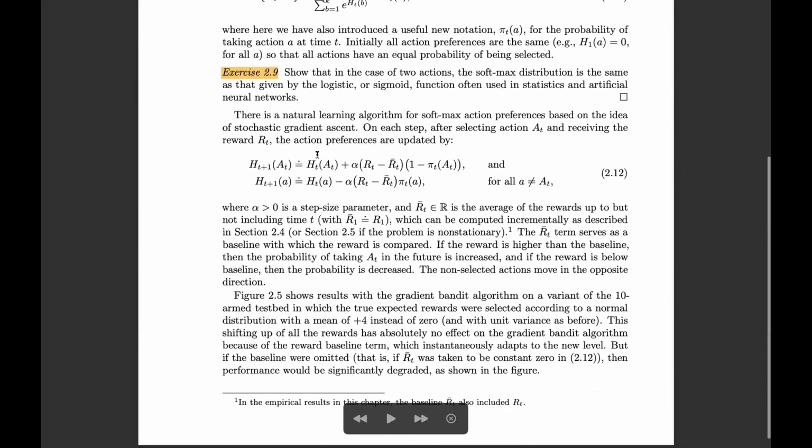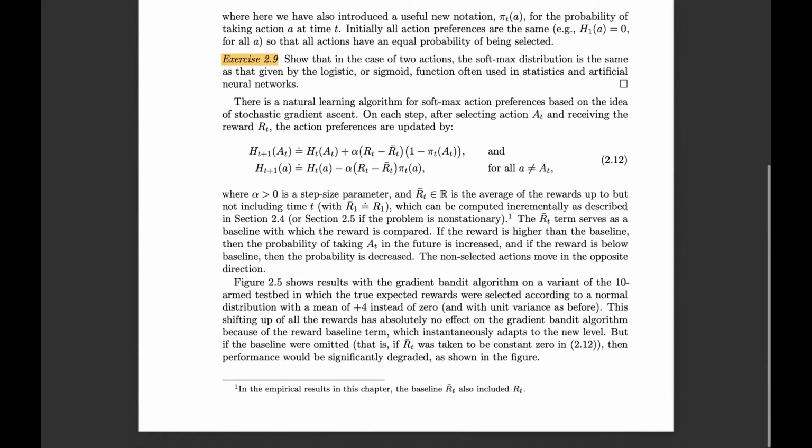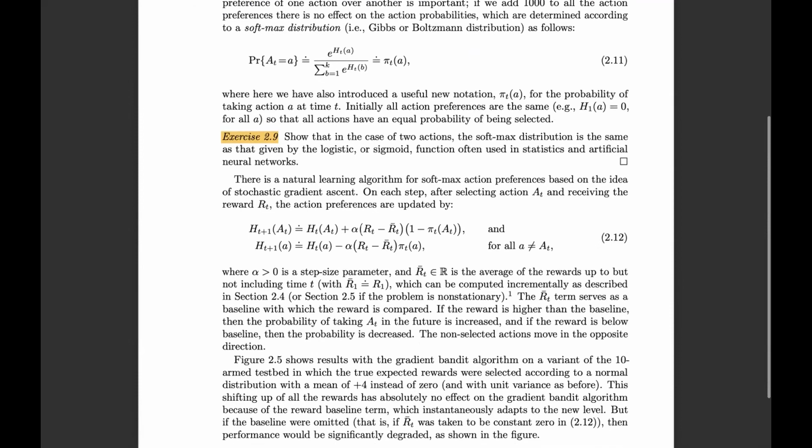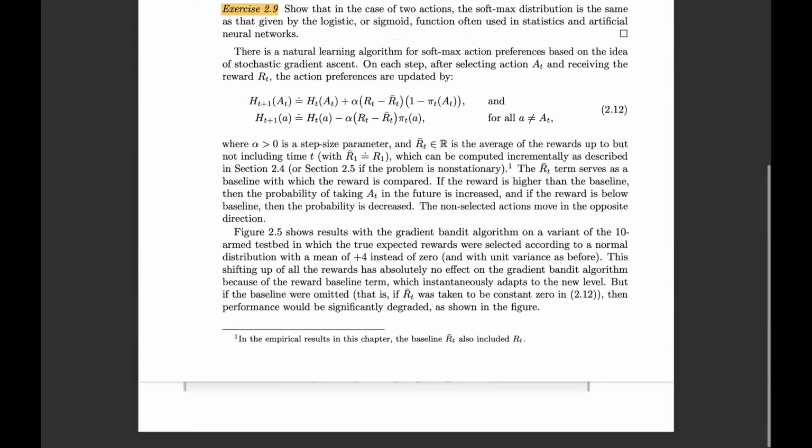And I'm not good at explaining mathematical stuff, so I would suggest someone better than me to explain this later on.